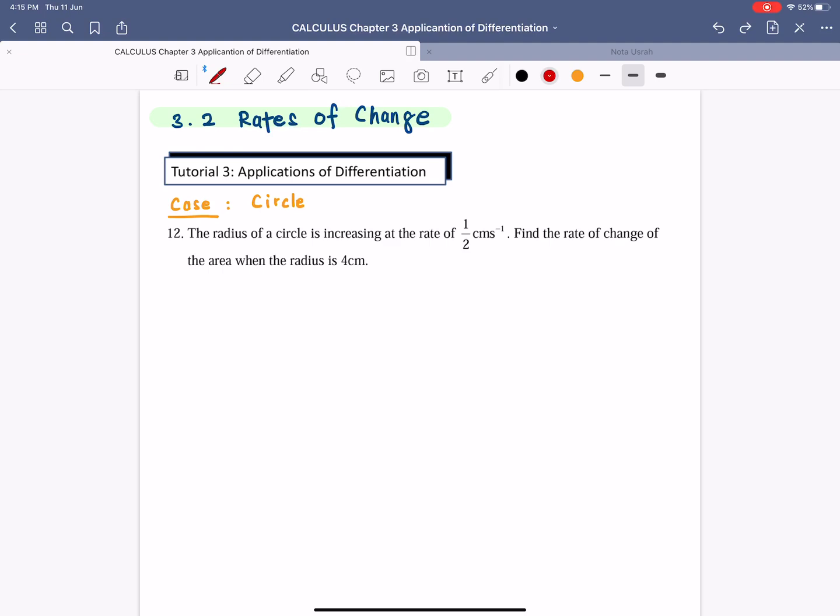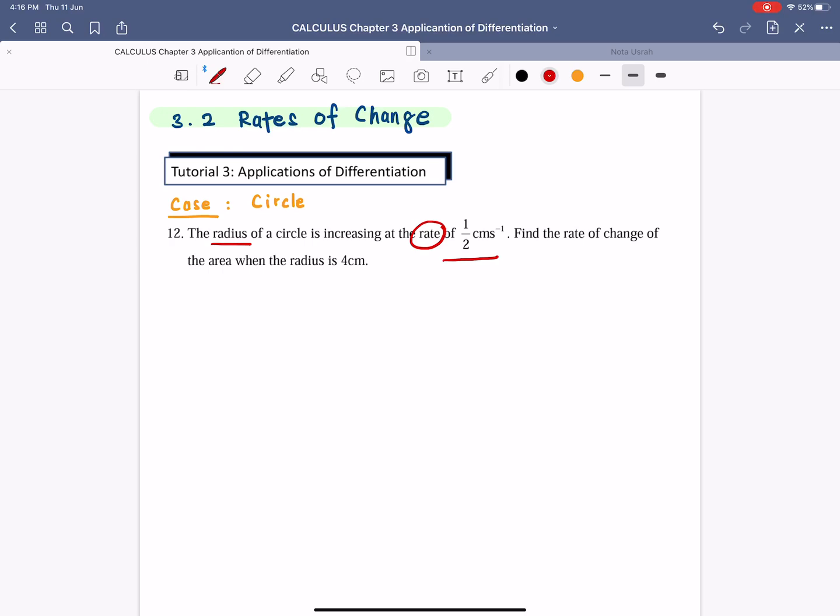The radius of a circle is increasing at the rate of half centimeter per second. So let us transform this sentence into mathematical notation. The radius is increasing at the rate.